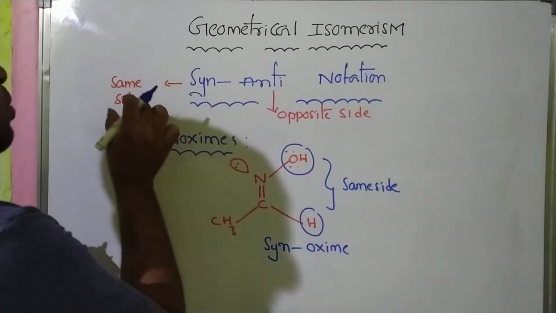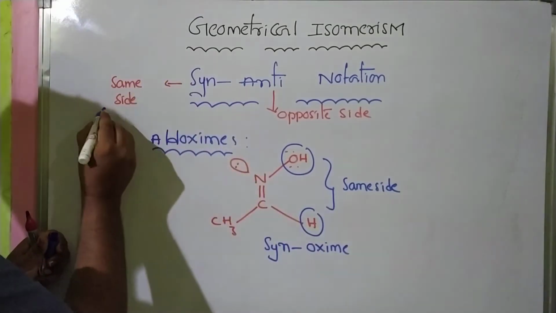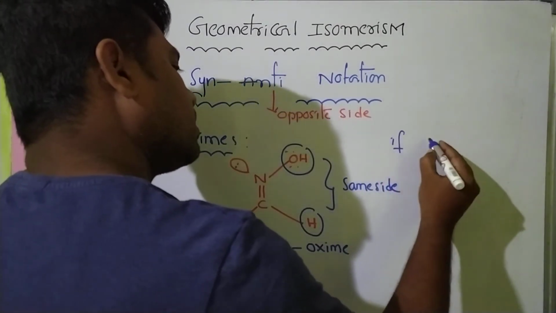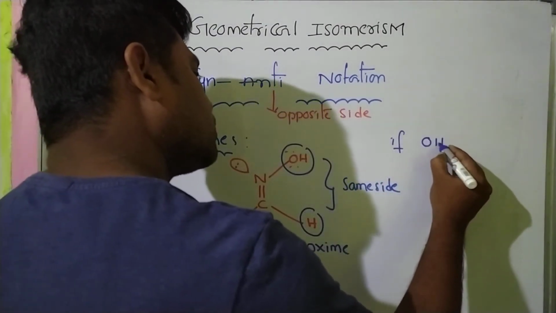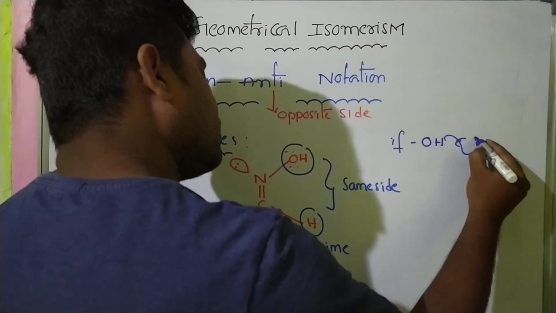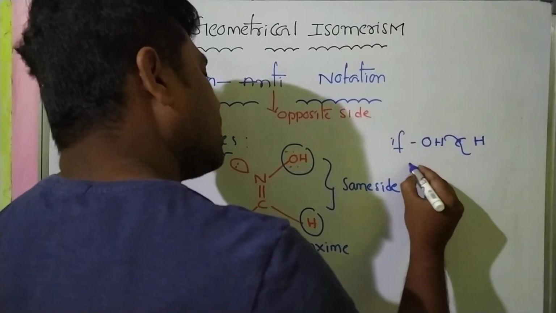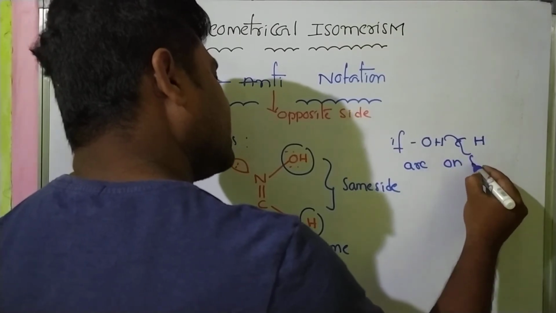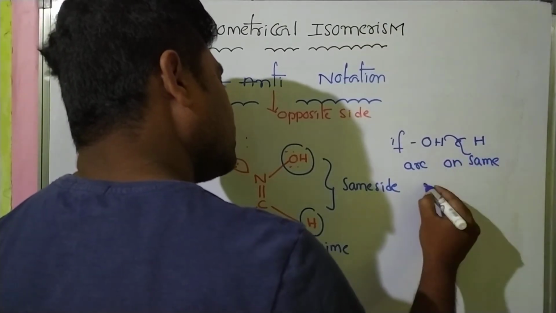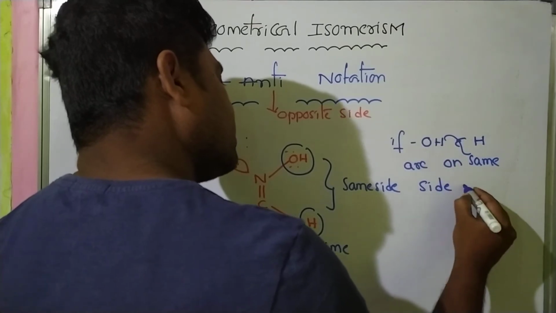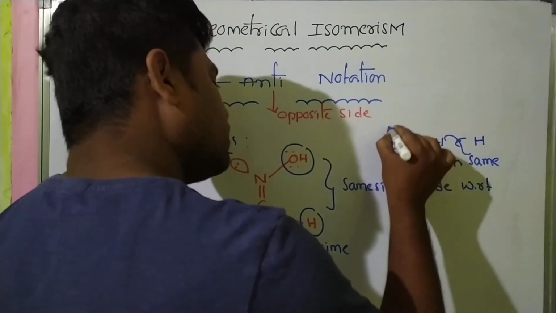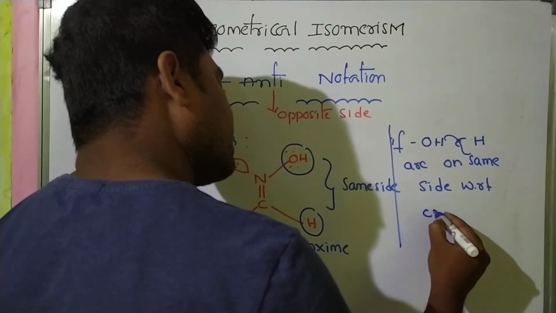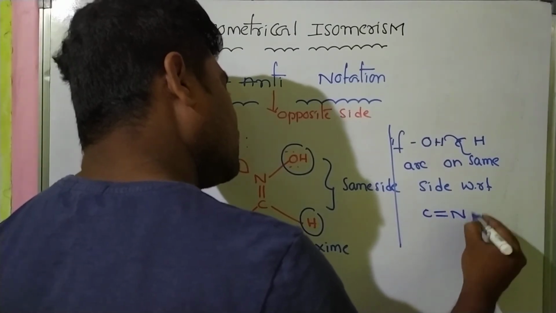Very easy. So what is called syn oxime? Syn oxime means if OH and hydrogen atom are on the same side with respect to the carbon nitrogen double bond.